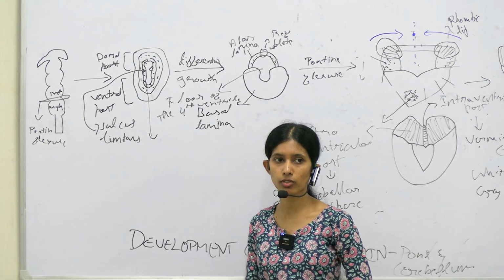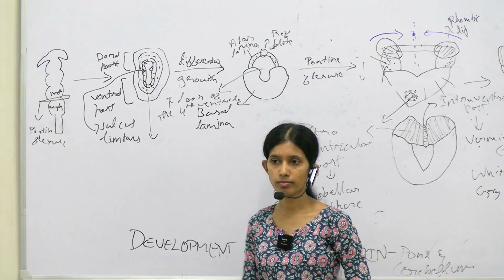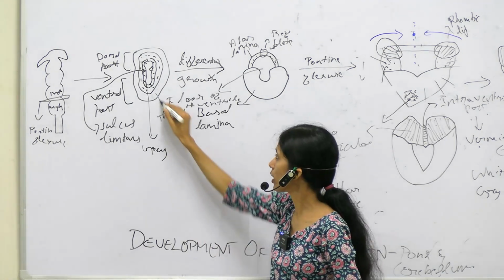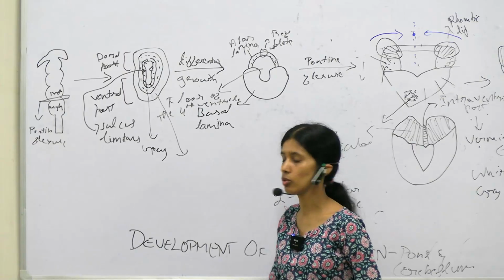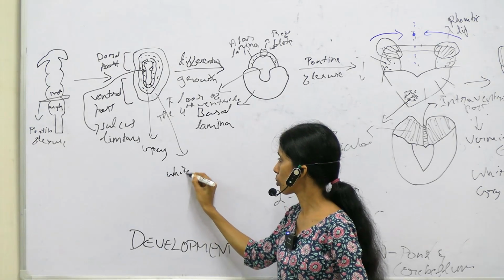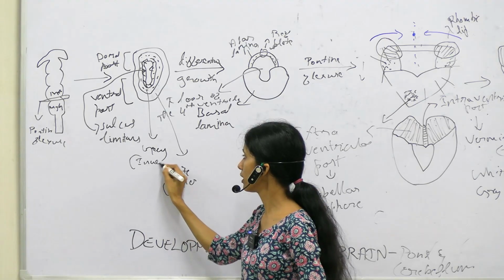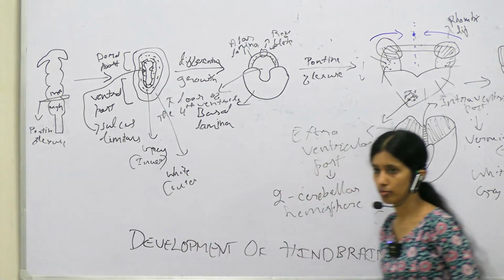Mantle zone will give rise to grey matter, and your marginal zone will give rise to white matter. So basically this is present in the outer aspect and this is present in the inner aspect, right?